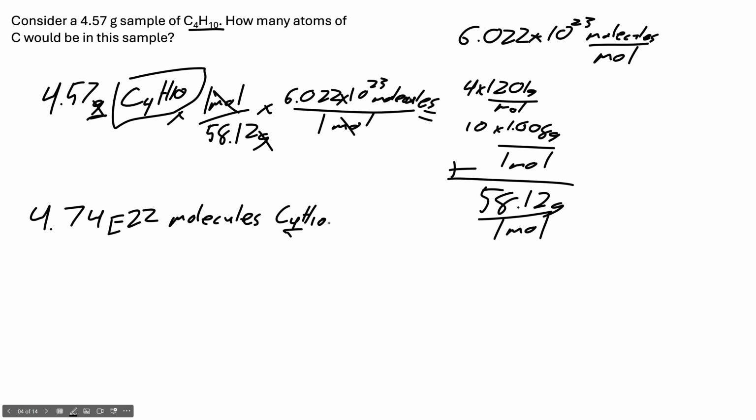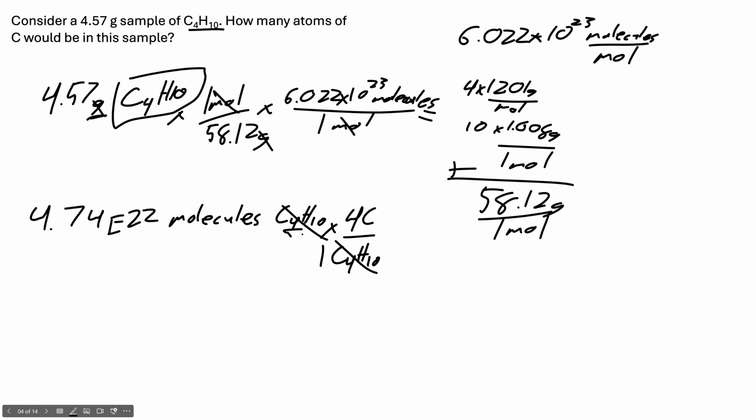Or you could also think of this as another dimensional analysis question where we're converting the chemical identity, the C4H10, into its number of carbons. So there are 4 carbons for every 1 C4H10. And so I get to cancel out my C4H10s, and that'll tell me how many particles of carbon I have. We wouldn't call it molecules anymore, they're atoms now. But you get the idea.